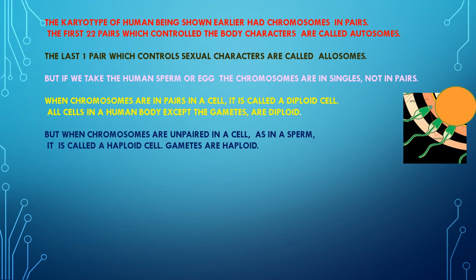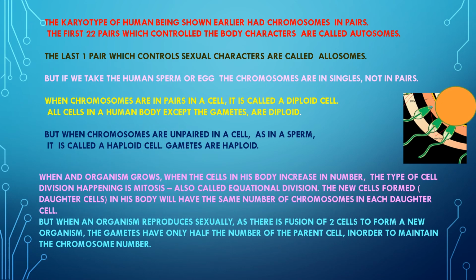Now, if you take the cell of a sperm or an egg from the human body, and you examine the karyotype, then you will realize that the chromosomes are not found in pairs, the chromosomes are found in a single set. Then the question arises in your mind, if the testis of a man or the ovary of a female has got chromosomes in pairs, how come the sperm or the egg has got the chromosomes not in pairs?